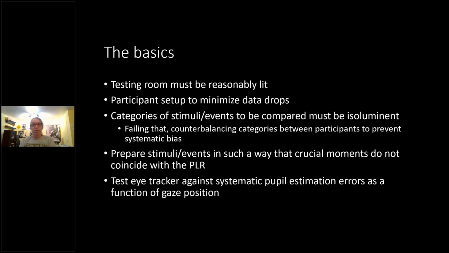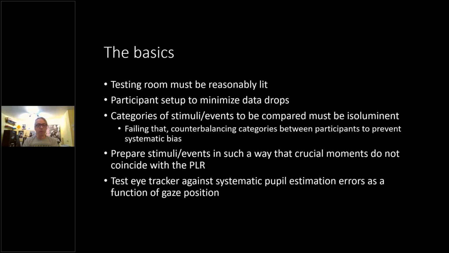The last thing you want to do, unfortunately, is test your eye tracker before your very first participant to see if you have systematic errors in pupil size estimation as a function of gaze position. The pupil is measured by cameras with an eye tracker that are fixed location, but as your eyes move, the width of the pupil or the height of the pupil, depending where you look, will be different.